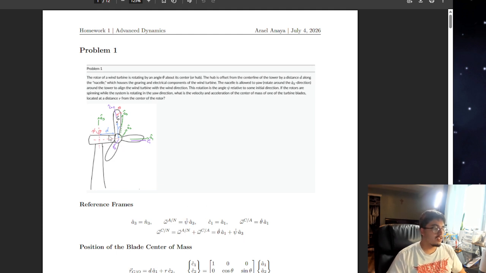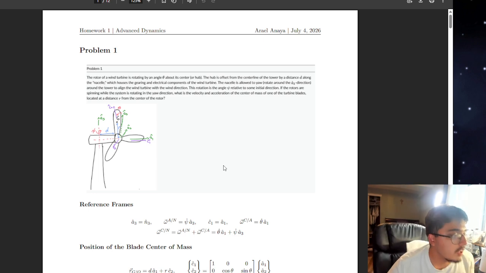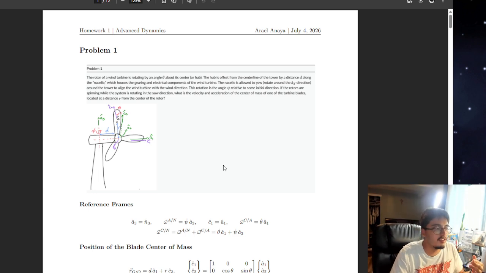Then going over to the windmill blades, I noticed that the C1 frame and the A1 frame were both fixed. C1 was fixed to A1, so no matter where the system moves, C1 and A1 are always going to be aligned. So I made note of that.